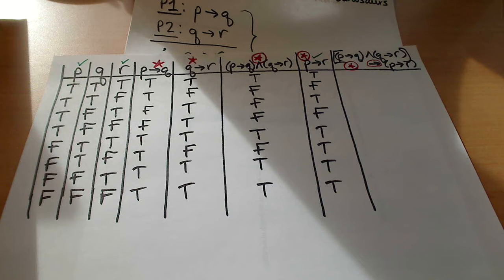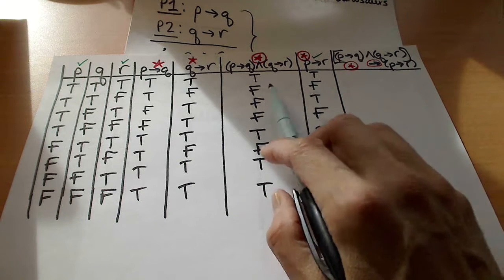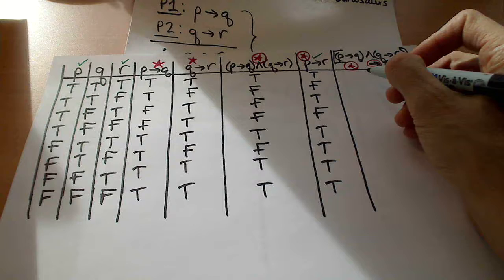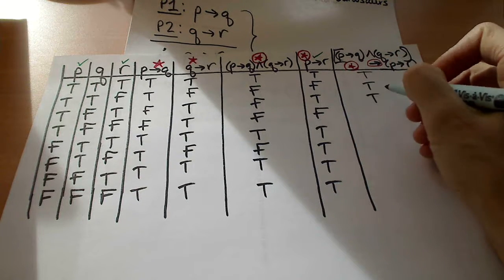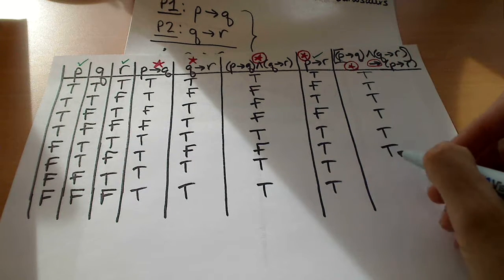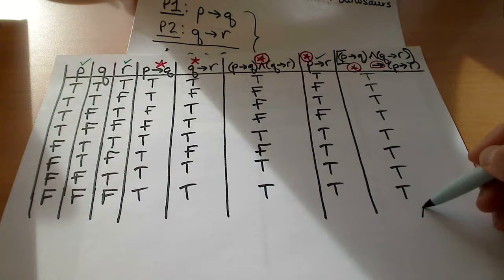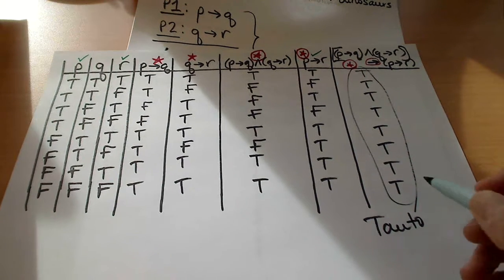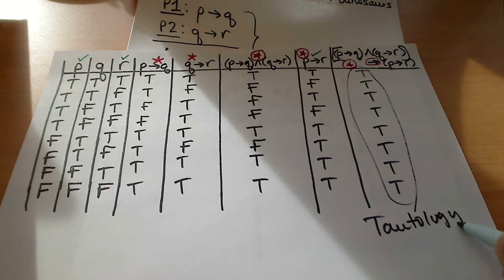Okay, so with the conditional, if we have a true and then a false in that order, then we end up with a false. Let's look for that. So I don't see any of those, which means we don't have any falses, which means all of these are true. And so the fact that all of these are true tells us that this is a tautology. And the tautology tells us that this is logically valid.